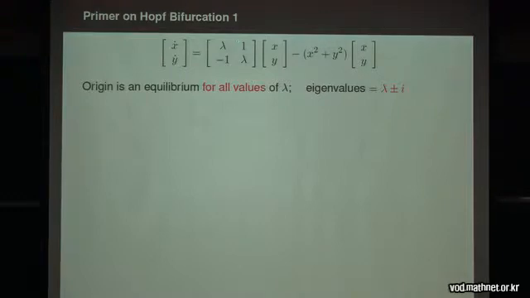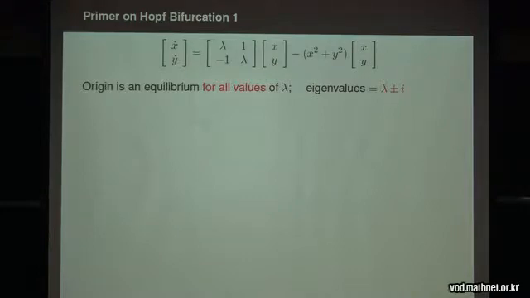If lambda is positive, the solutions are unstable, and trajectories will spiral away from the origin. And remember, this is just a planar system here, so that makes sense. The nonlinear term, the vector field is pointing into the origin. So solutions, when lambda is negative, go to the origin for the linear term, and go to the origin for the nonlinear term. You expect it to go to the origin.